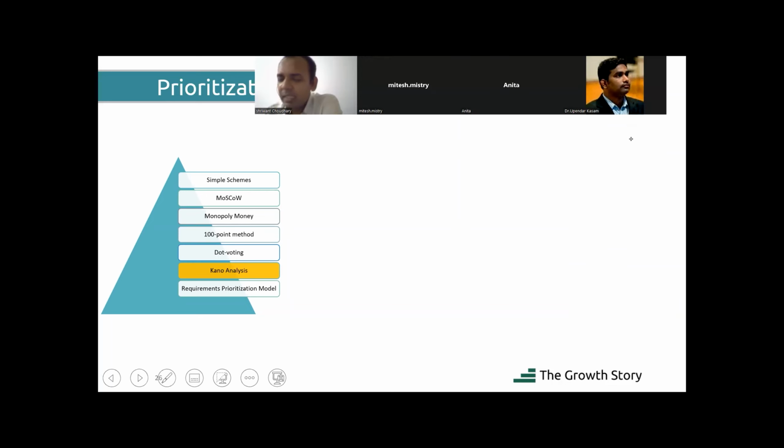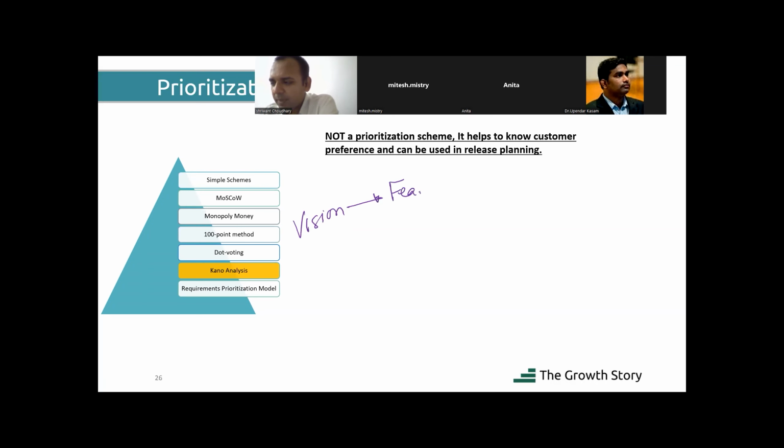Let's discuss that. So release planning, it all starts with vision. After that, it goes to features. You might be doing a feature workshop. After that, in the feature workshop, the end result is the candidate stories.